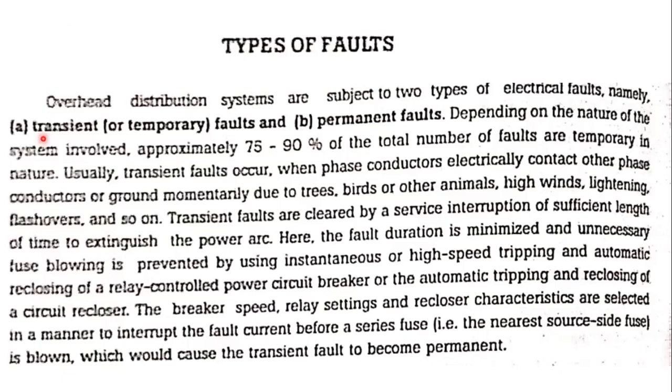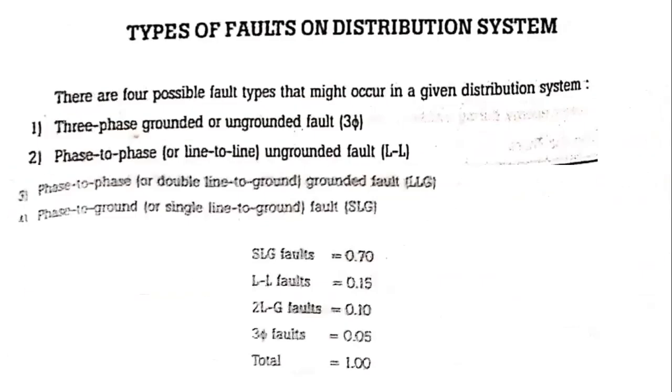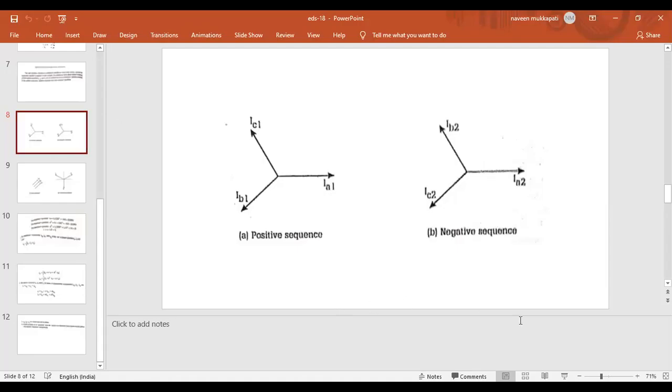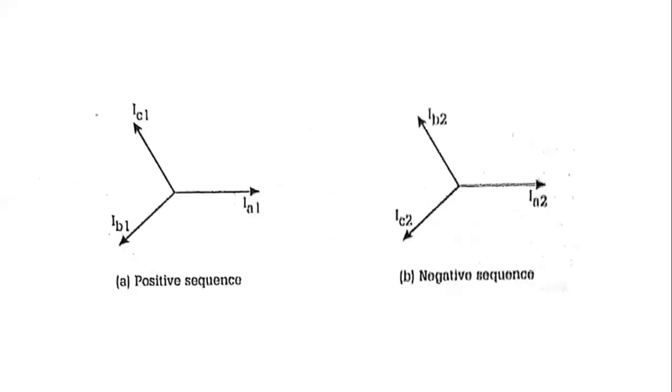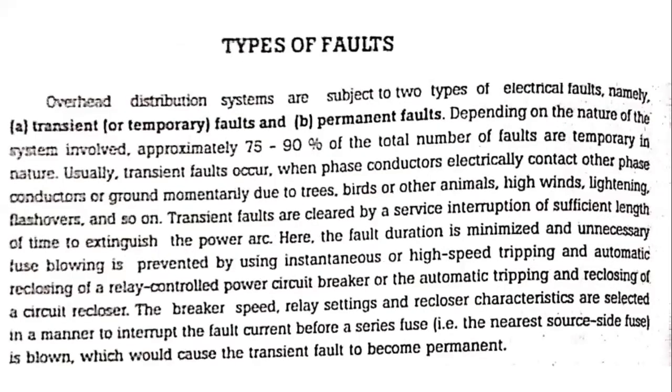Transient faults occur when the phase conductors come into electrical contact, when two phases are in electrical contact. In that case we obtain transient faults.